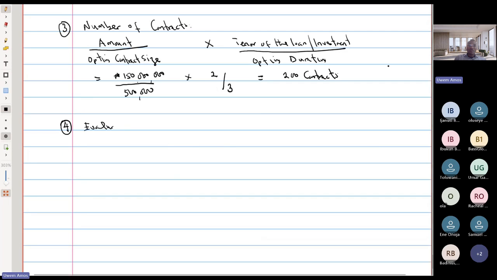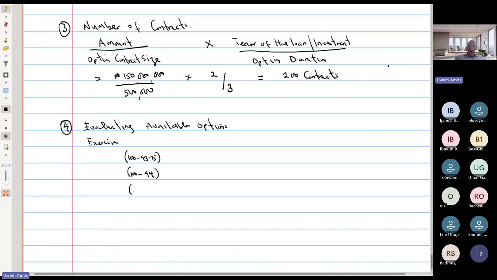Evaluating available options. We have the exercise price, which is the interest rate that will be agreed upon if you go for that particular one. The first one is 93.75, so to get the percentage, that is 100 minus 93.75, which is 6.25%. The second one is 94, so 100 minus 94 is 6%.